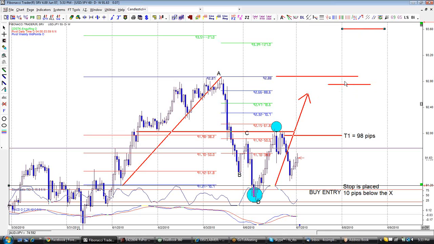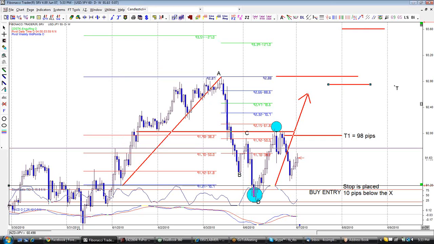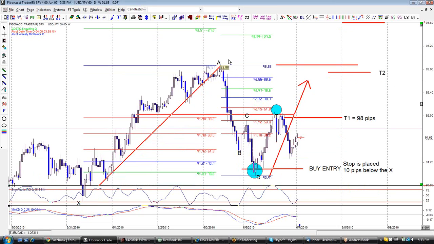Now, where do we place the second position? Target 2, I would usually place just below the resistance or just below A. Now the A right now is the strongest resistance that we have because this is the current highest high that we have.